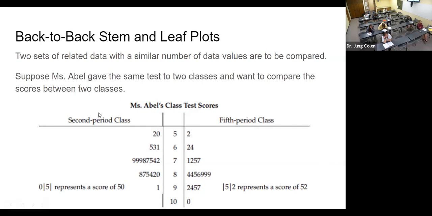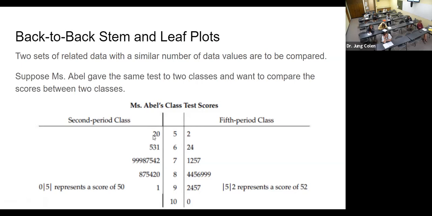So here, for the second period class, we can interpret this data now, okay? What does this mean? This 2 means it's 52. So in the middle, that is the stem, and both sides here and there are the leaves. So we can interpret that 2 as 52, and this 2 is also 52, but that 0 means it's 50.